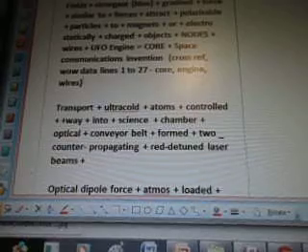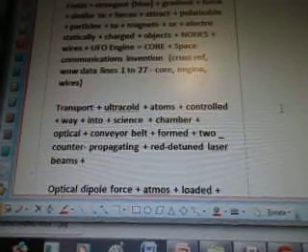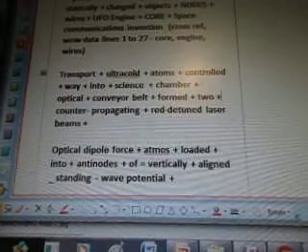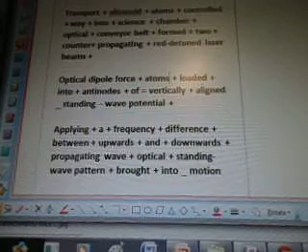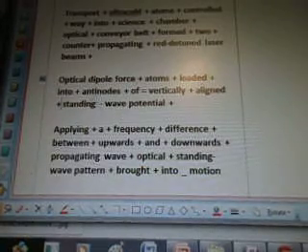Transport ultra-cold atoms controlled way into science chamber. Optical conveyor belt formed by two counter-propagating red detuned laser beams. Optical dipole force, atoms loaded into antinodes of vertically aligned standing wave potential. Let's do that.